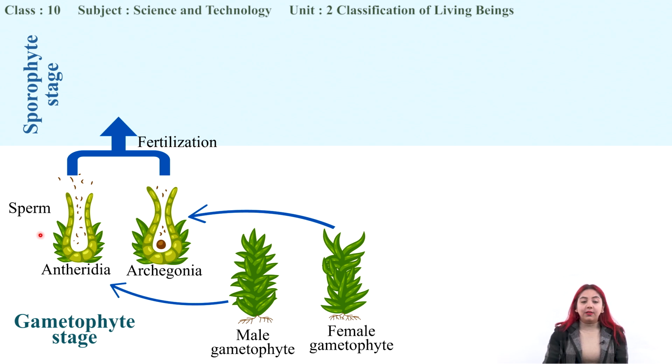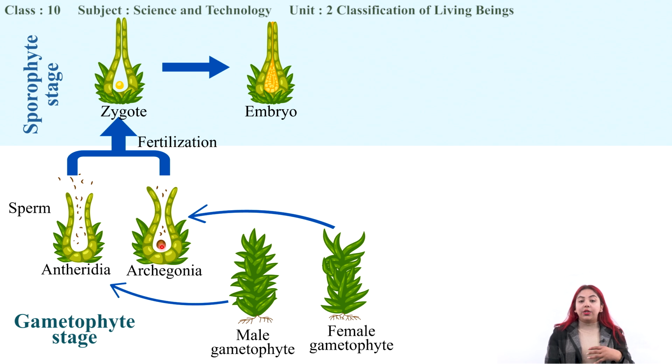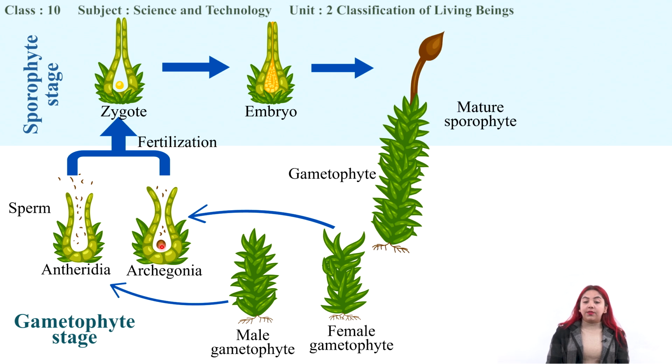Now, in the presence of water, the sperm transfers into the archegonia from the antheridia and fertilization occurs. After fertilization, a zygote is formed, and the zygote divides to form an embryo. That embryo later gives rise to an entire plant.